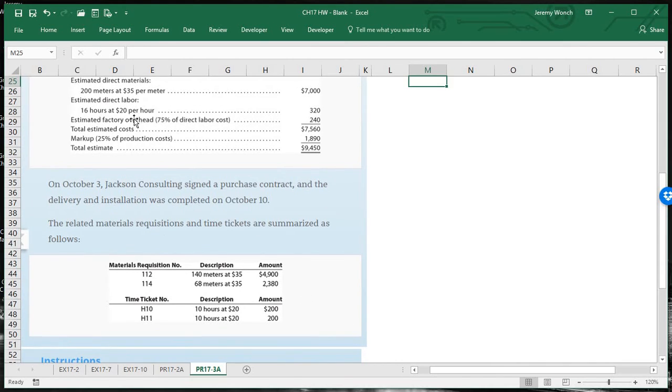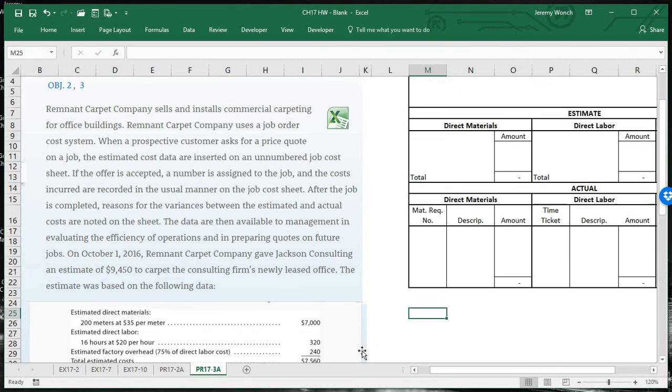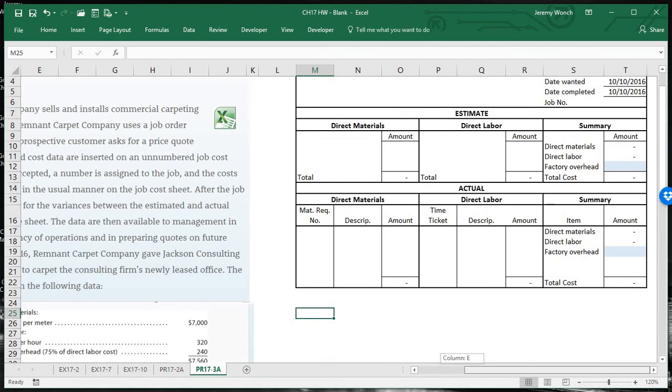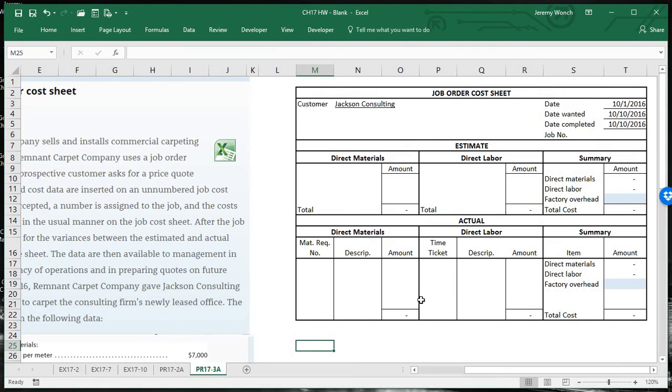So we're going to take this information and go over to our job cost sheet, and first we're going to fill in the estimate, which is this top section, and then we'll fill in the actual cost down here.